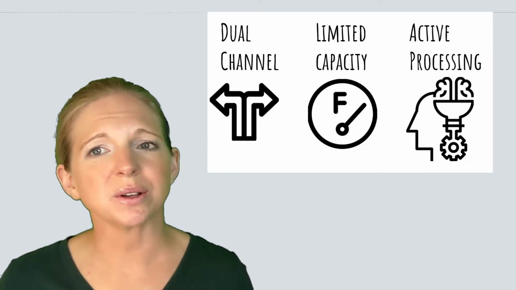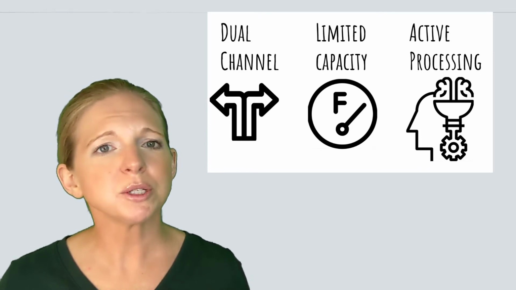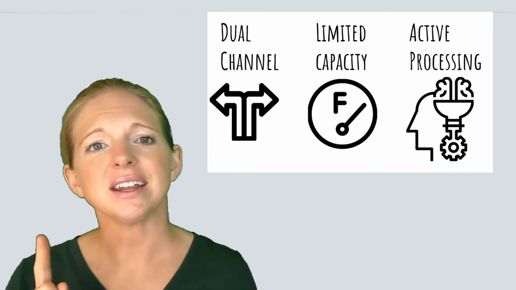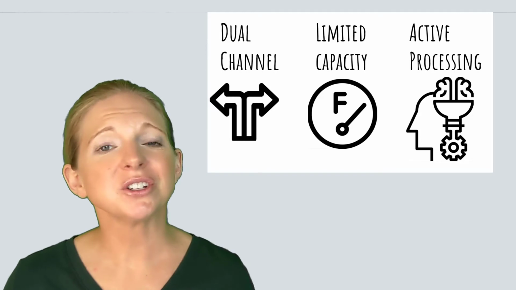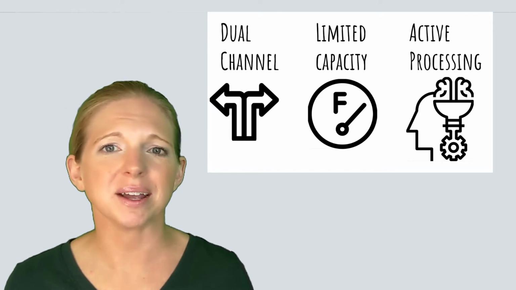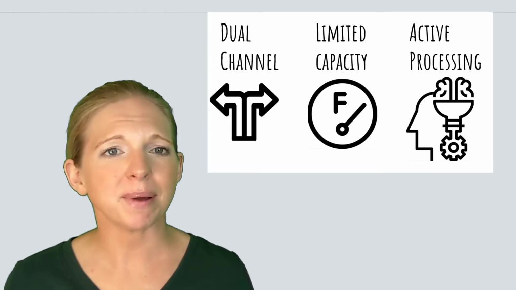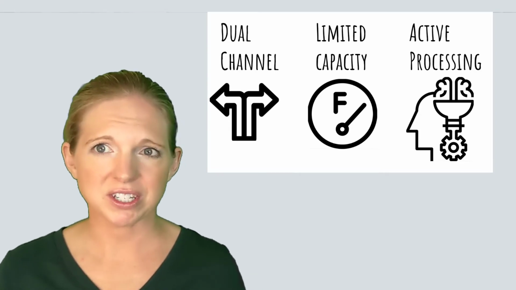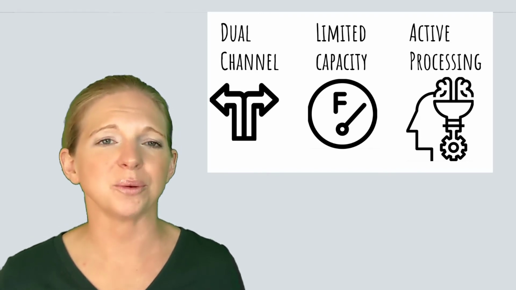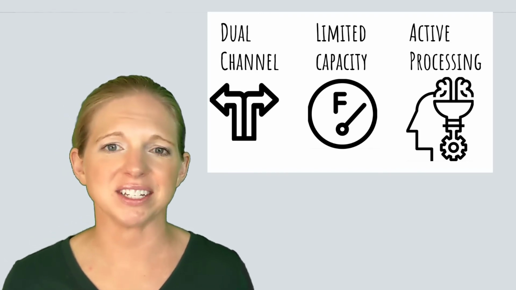First is the dual channel assumption. It's that humans process information into 2 separate channels, verbal and visual. This concept potentially doubles the amount of information that the working memory can process at one time. Next comes the limited capacity assumption. This assumption states that there is limited capacity within each channel to process information in the working memory at any one given time.